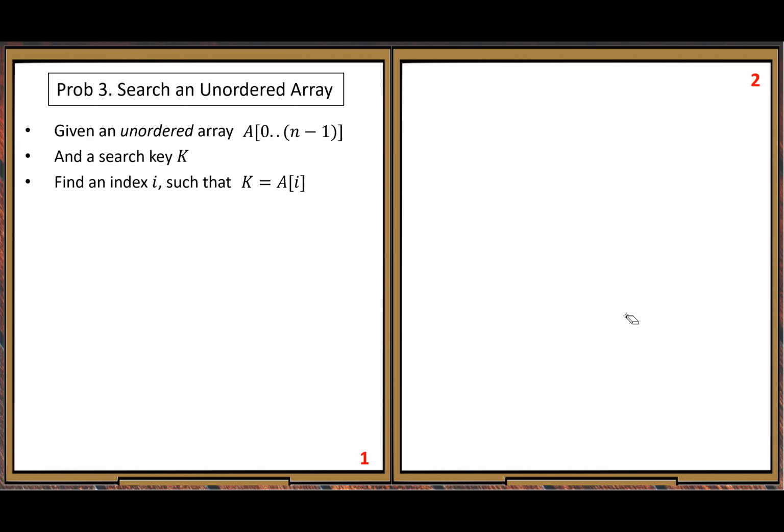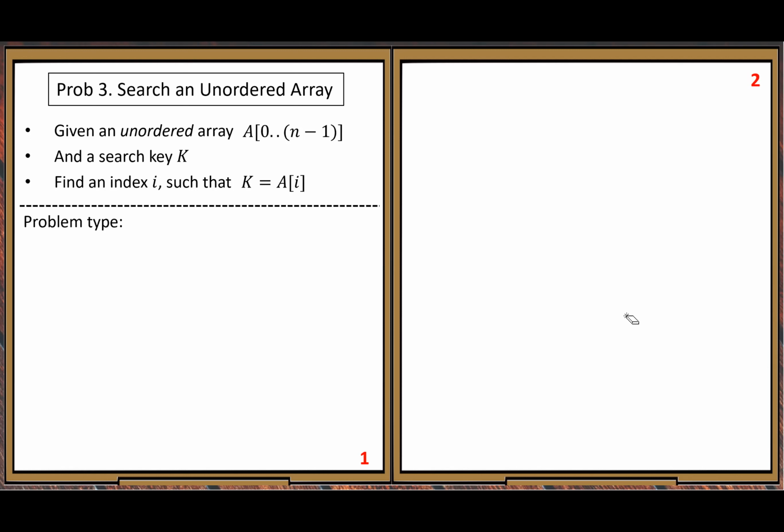I believe everyone in this class can solve this easily. You just compare the search key k with all the elements. You run a for loop from beginning to end, comparing one after another. When you find a match, you get out of the for loop, right? So that's basically what you need to do.